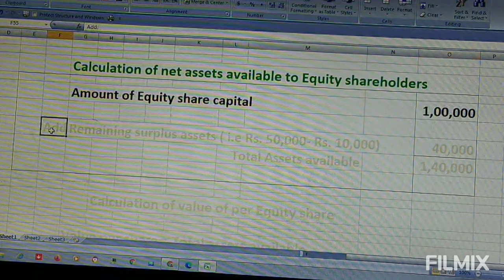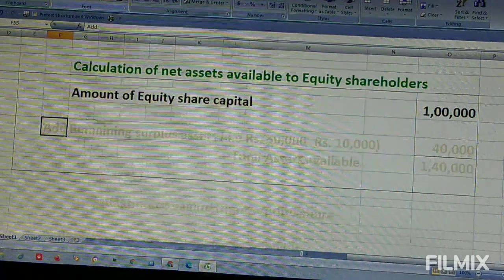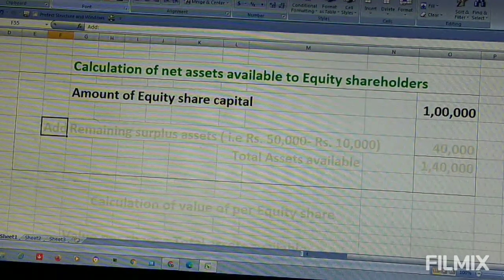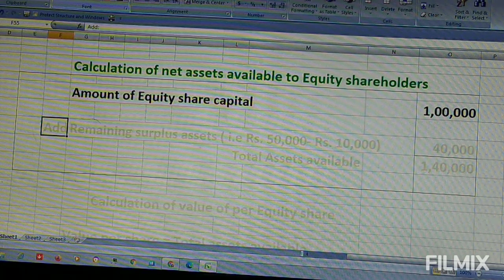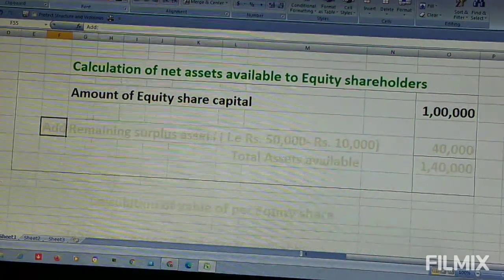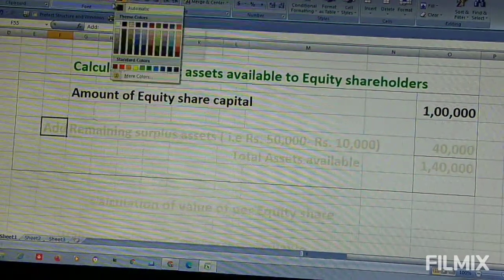Then we have to add the remaining surplus assets. We write remaining because out of the 50,000 surplus, 10,000 we already paid to preference shareholders. Now 50,000 minus 10,000 is 40,000, which is available to equity shareholders.